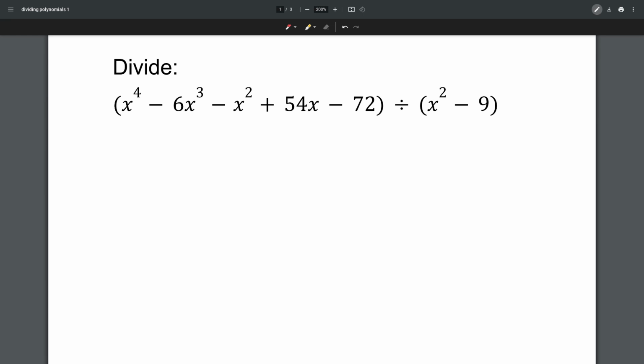So we've got x to the fourth minus 6x cubed minus x squared plus 54x minus 72 divided by x squared minus 9. Okay, let's draw my division symbol here.